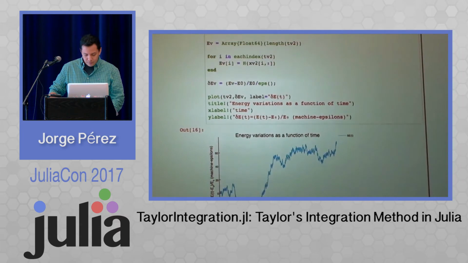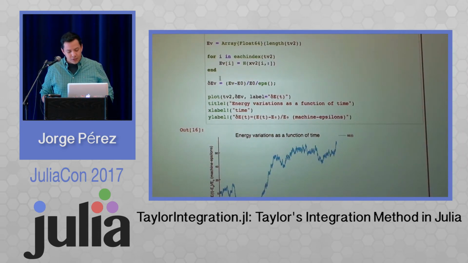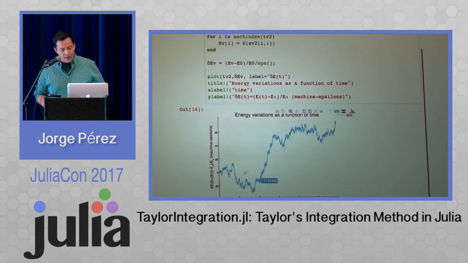So how accurate is our solution? Well, we know that autonomous Hamiltonian systems must preserve the energy. So here I plot the energy as a function of time, and what we can see is that the energy is preserved up to very little errors, which are comparable to the machine epsilon.